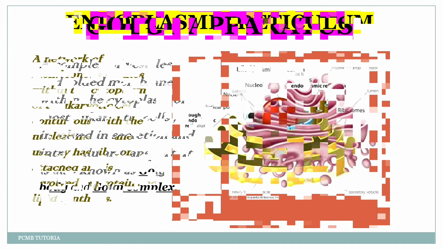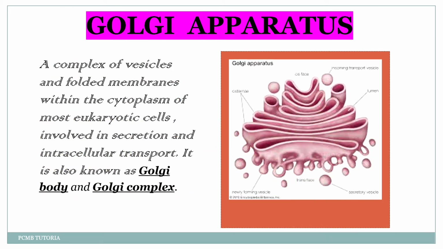Number 2. Golgi apparatus, a complex of vesicles and folded membranes within the cytoplasm of most eukaryotic cells, involved in secretion and intracellular transport. It is also known as Golgi body and Golgi complex.